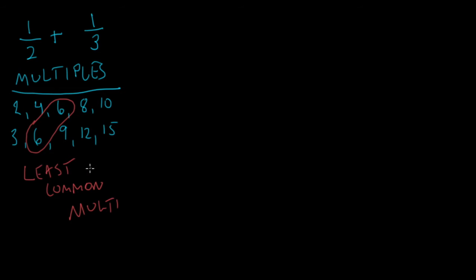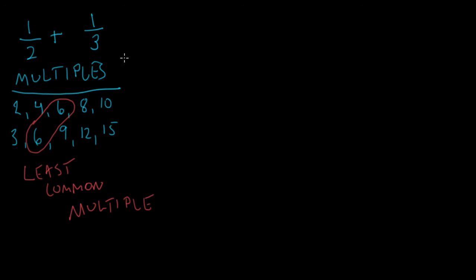Like a lot of things in math, the names of these things can seem a little advanced or fancy, but it's very descriptive. It's the smallest number, the least, that are multiples, from skip counting, that they have in common, that they share. So this is 6.